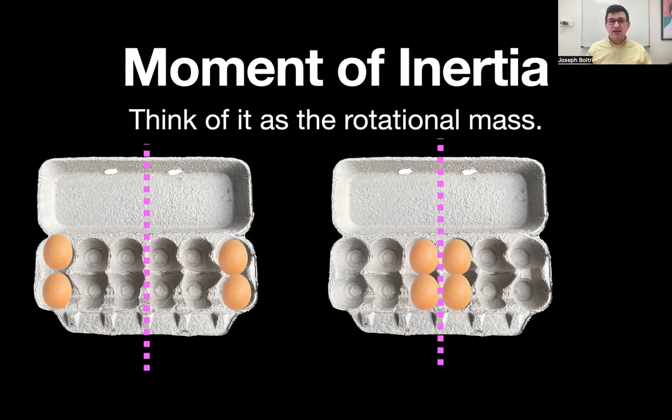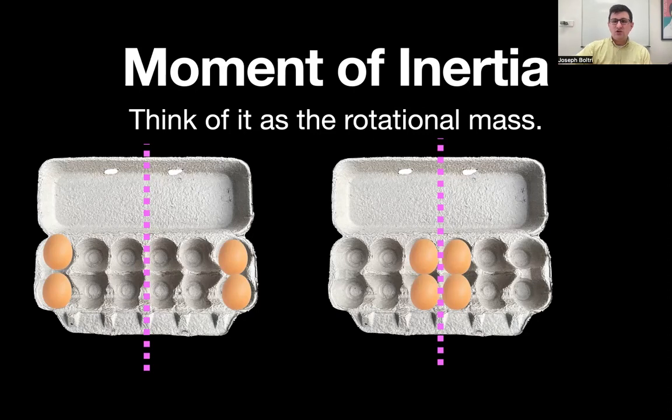I think, and you can test me on this, that the one on the left would be harder to rotate than the one on the right, in terms of how much rotational force, aka torque, you'd have to apply to get it to rotate.